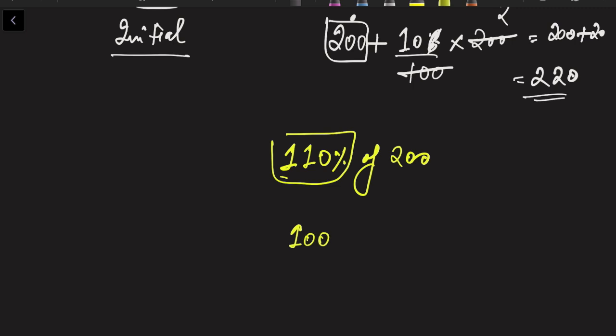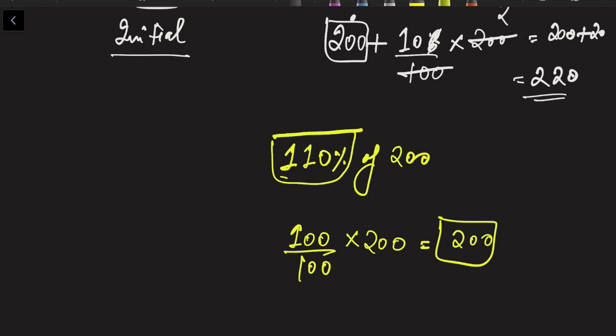Why are we writing 110 here? Because 100% of something is the value itself. 100% of something, 100 by 100 into 200, is 200 itself.